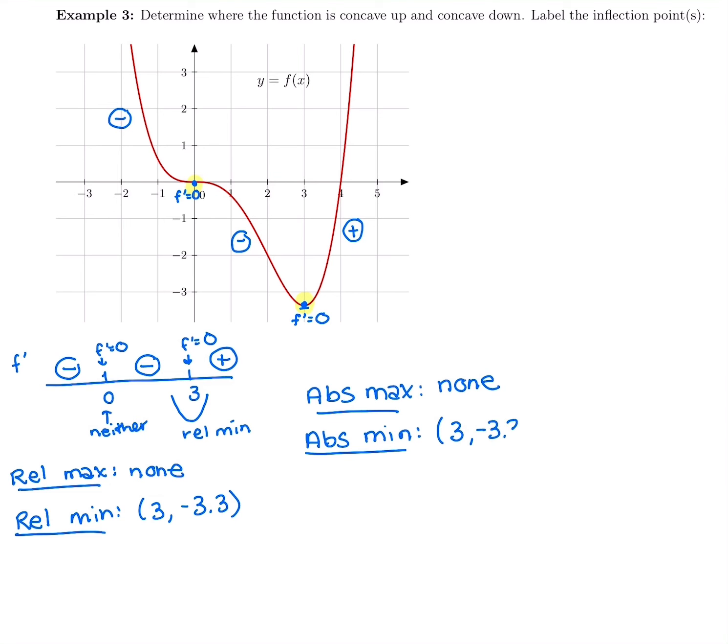It is the absolute lowest point. So again, relative extrema, you're just looking for sign change on your sign chart, just like we've done before. Absolute extrema, you're comparing those critical numbers to the end behavior, seeing if a relative max is also the absolute max. In this case, our relative min is also the absolute min on the graph. There's no lower point you could find.